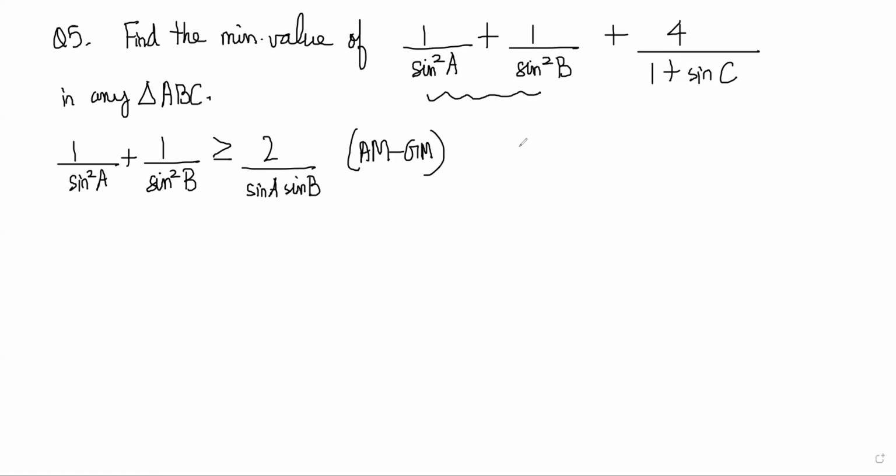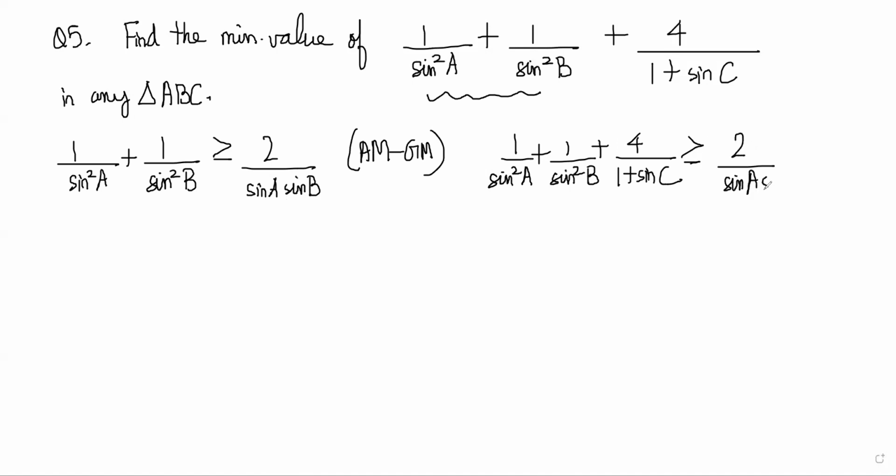And then we can write the overall expression 1 by sine square A plus 1 by sine square B plus 4 by 1 plus sine C is greater than or equal to 2 by sine A sine B plus 4 by 1 plus sine C, right?